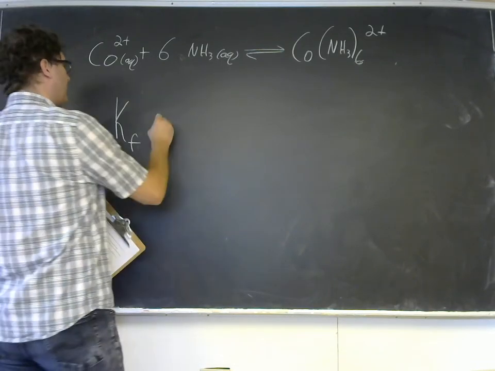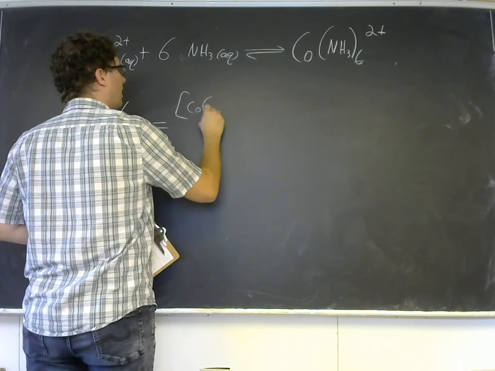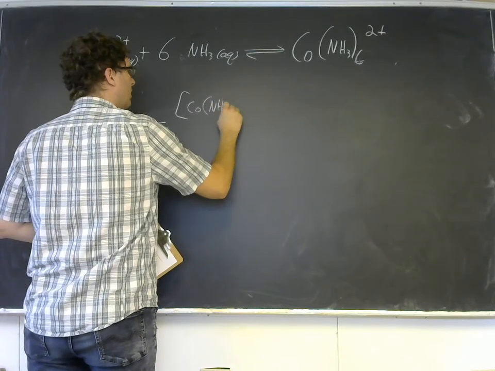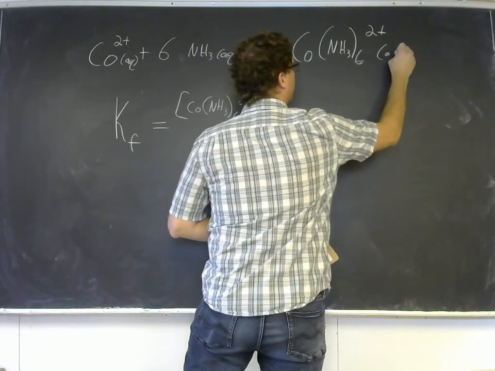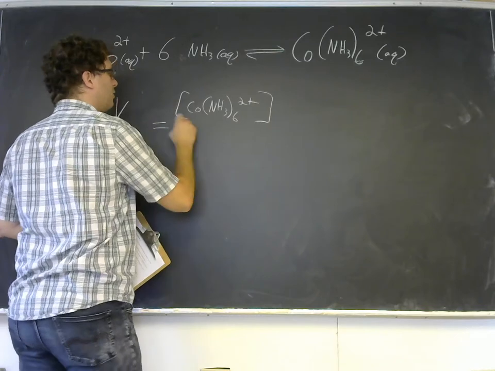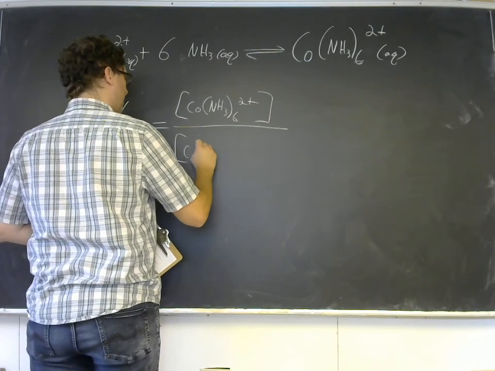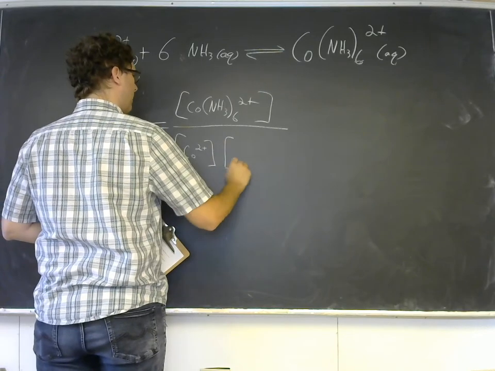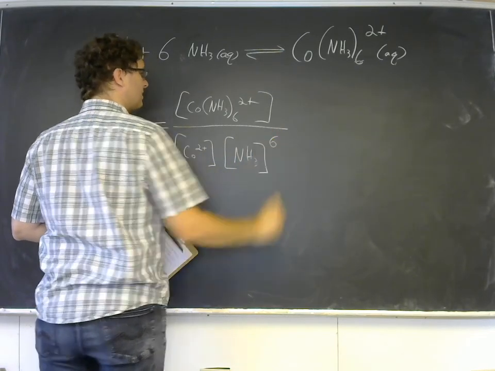And the Kf in this case is going to equal the concentration of the complex ion, which I should have written its phase, it's aqueous, in the numerator, and then in the denominator we'll have the metal cation itself, and we'll have the ammonia. And that'll be raised to the 6th power.